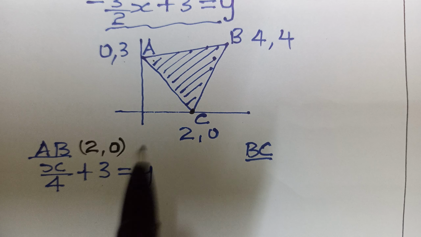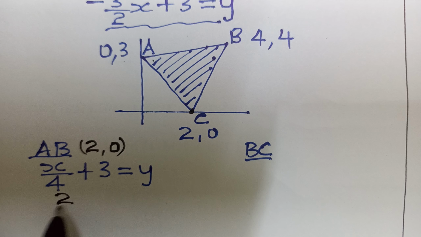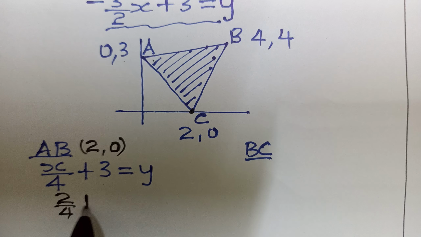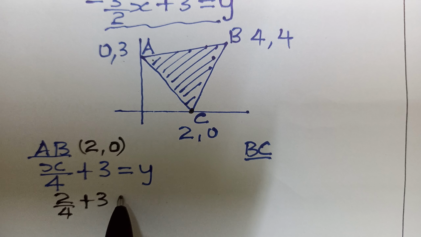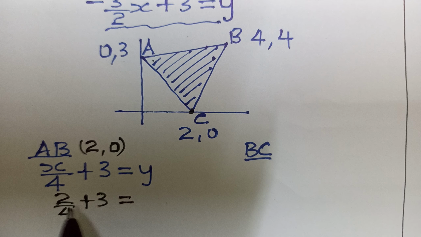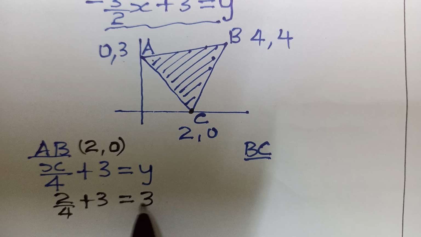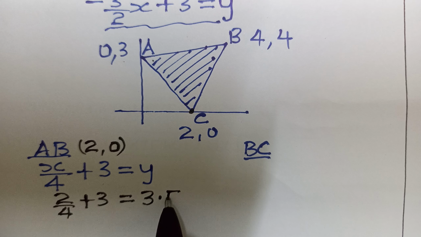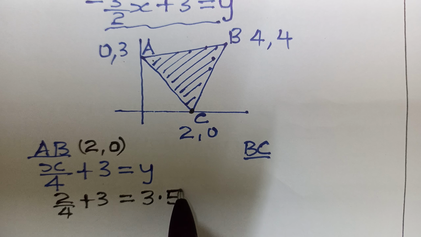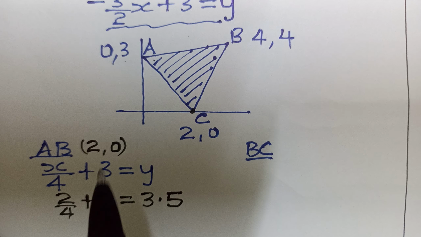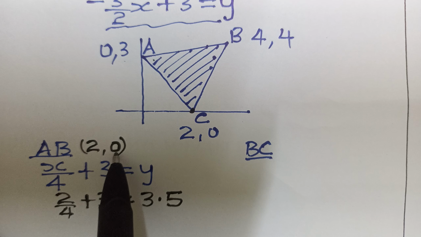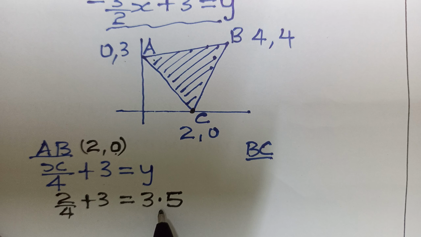That is 2 we put there. So this is going to be 2/4 plus 3. Guys, as you can see, this now comes to 3.5. And so therefore, since that is the side that is desirable, you can see now the real value here is 0 and here we have 3.5.